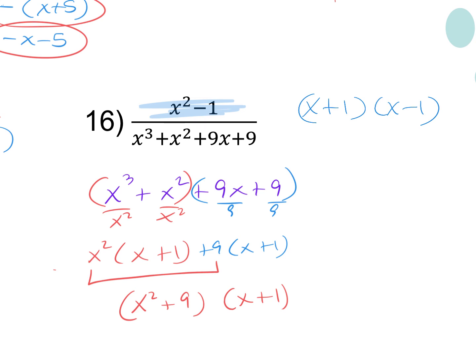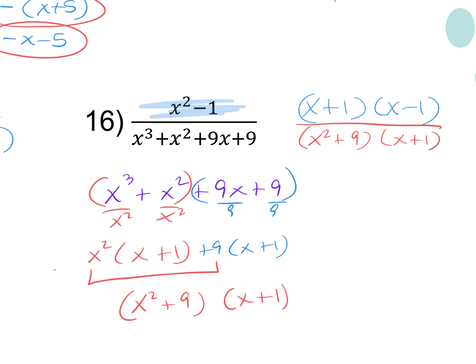So that's my factored denominator now, x squared plus 9 and x plus 1. Now, if that x squared plus 9 was x squared minus 9, then I would have to keep factoring. But remember, there is no way to factor the sum of 2 squares, so that is fully factored.